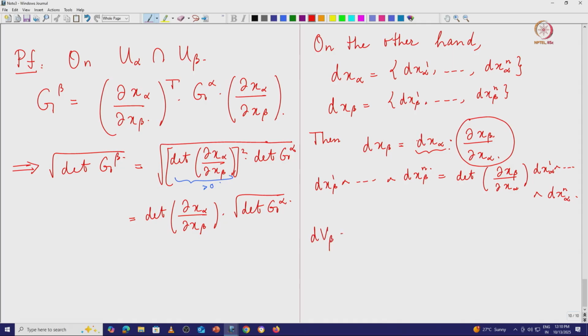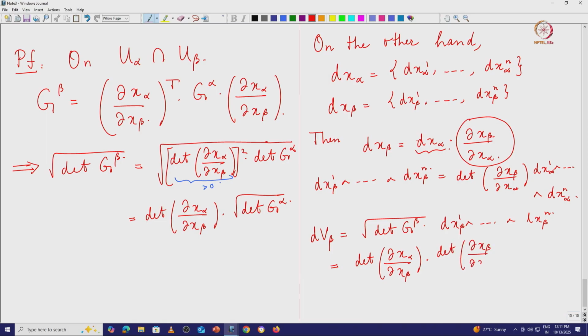So what is dv beta? By our two transformation rules, that's going to be the determinant of del x alpha by del x beta times the determinant of del x beta by del x alpha times dv alpha.